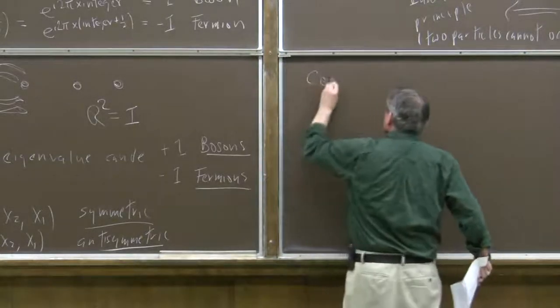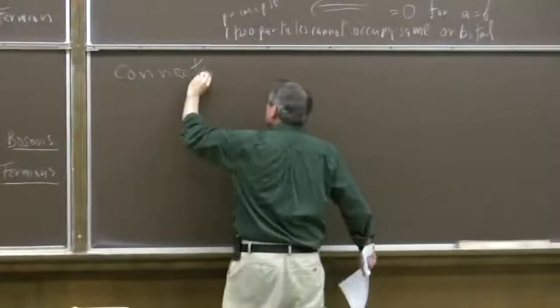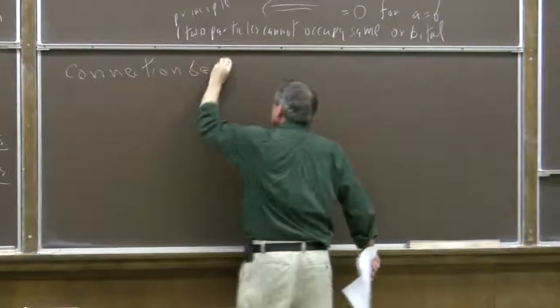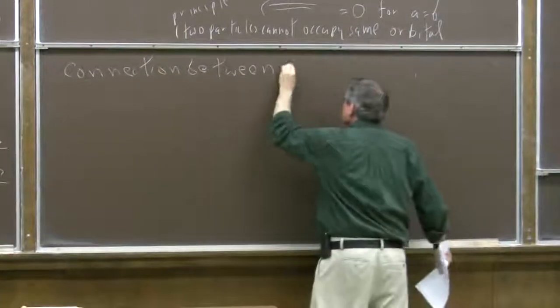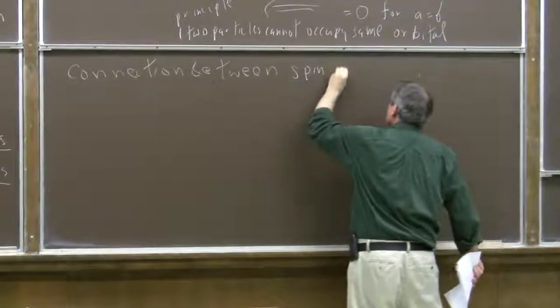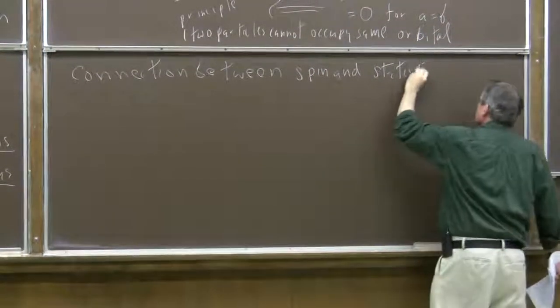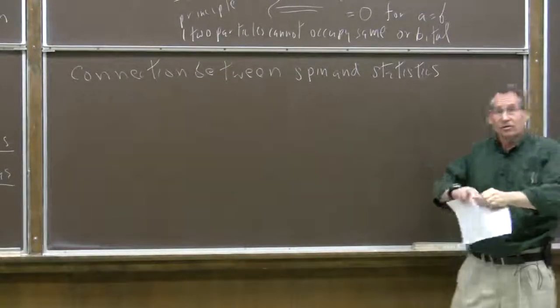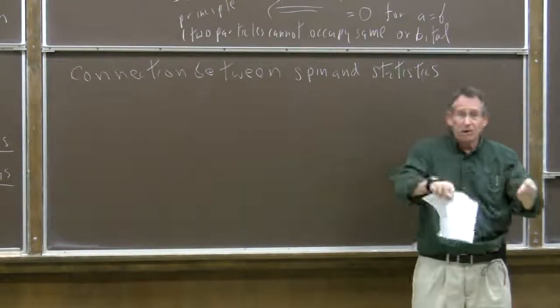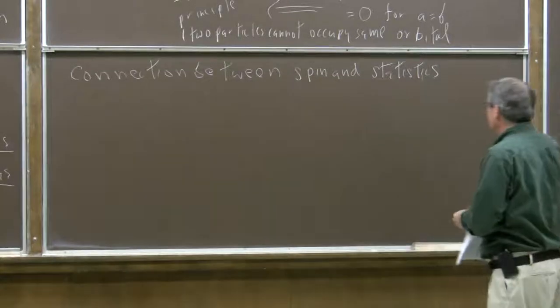Okay. So there's a connection, we say, between spin and statistics. By statistics, well, why is it called statistics? We're going to do statistical mechanics for bosons and fermions, and we'll see that they're different.